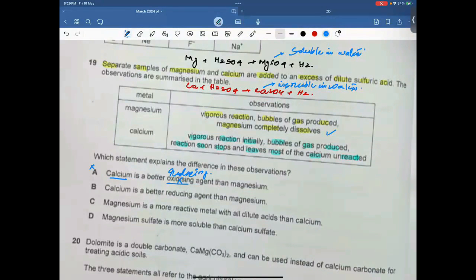Option B: calcium is a better reducing agent than magnesium. Down the group, the reducing power of group 2 elements increases, so from that perspective the statement is right. But since both of them are back to back, there is no such big difference in their reducing power.